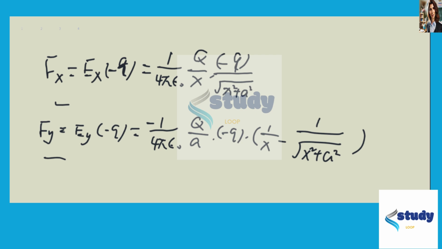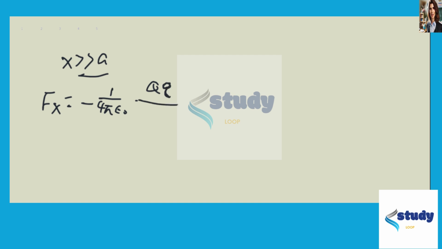And for part C, we want to find the result for the limit where x is much larger than a. Remember that Fx is negative 1 over 4 pi epsilon naught times Qq over x times 1 over square root of x squared plus a squared.